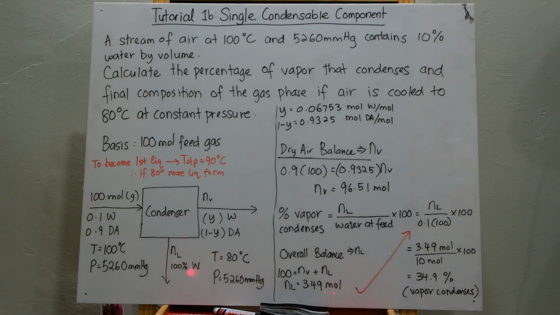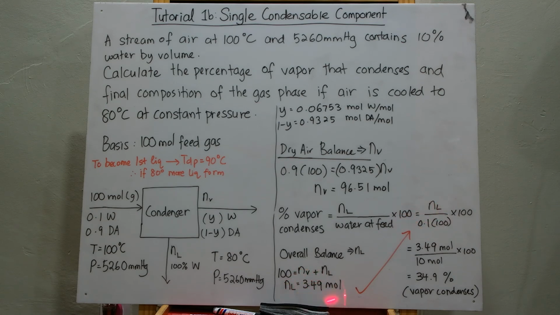This is water liquid form, so it is 3.49 moles. The liquid that forms is 3.49 mole water. Once you obtain this, you can find the percentage of vapor, because the percentage of vapor is NL divided by water feed times 100.